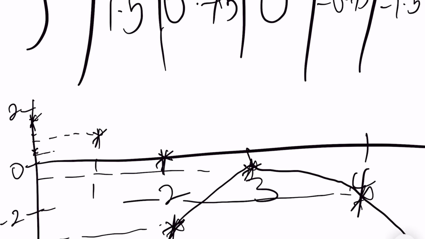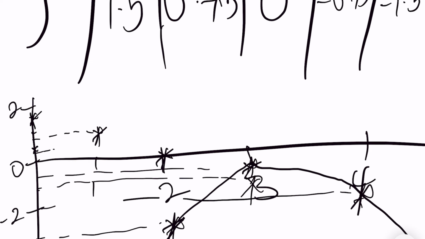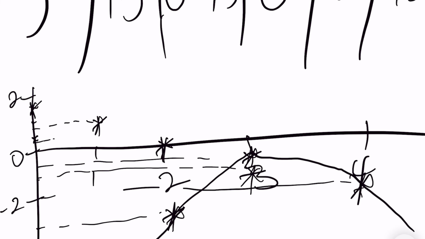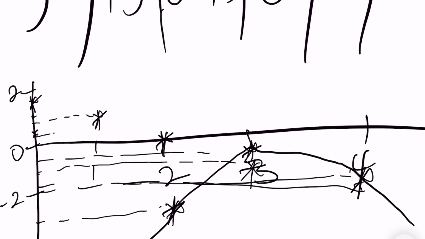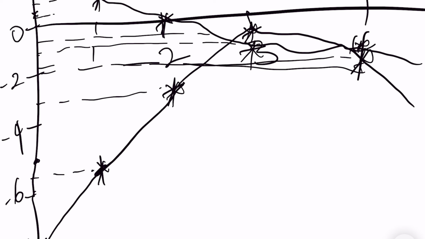Where x is 3, our y is minus 0.75. And where x is 4, our y is minus 1.5. So we have this to be here. And now we've drawn our graph for 5x minus 2y equals to 16 and 3x plus 4y equals to 6.